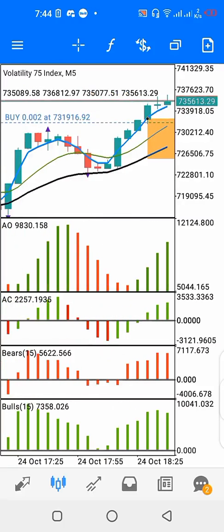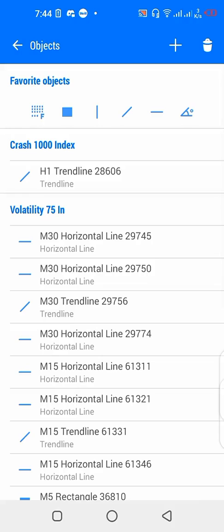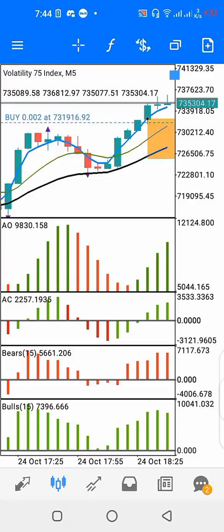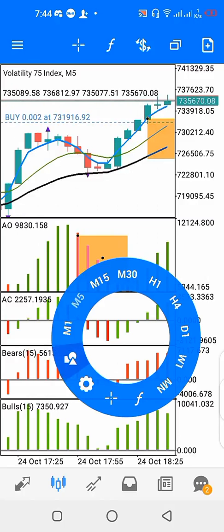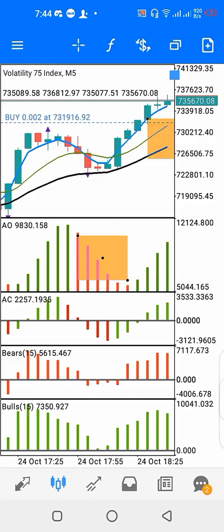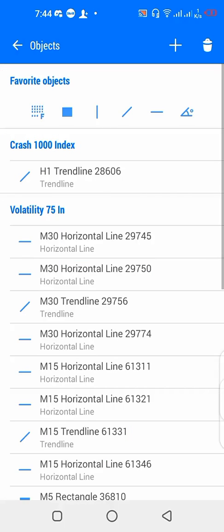Okay, now I have 5 windows. I have the main window, that's my main window, and this is indicator window 1, where I have awesome oscillator. All right, this is indicator window 2. On the indicator window 2, I have accelerator oscillator.